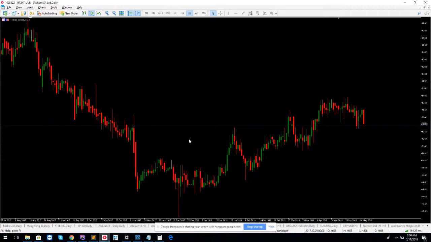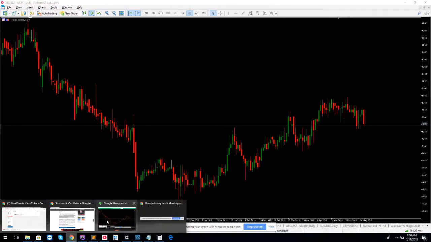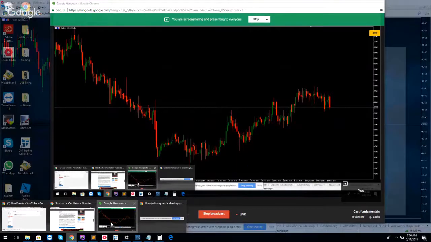An uptrend is signified by higher highs and higher lows, and a downtrend is signified by lower lows and lower highs, and a sideways trend is signified by running in a range. No new highs, no new lows. It's just all over the place. And that's it for now.